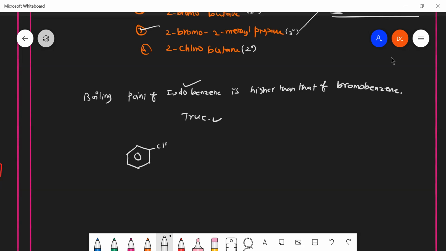This is a compound, CH2Cl. What is the IUPAC name of this compound? IUPAC nomenclature. Why will it take more time?